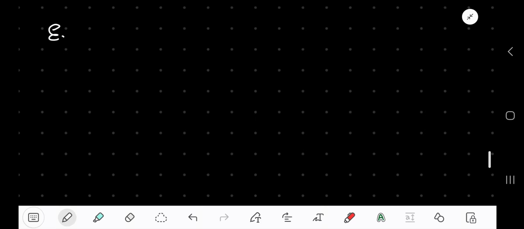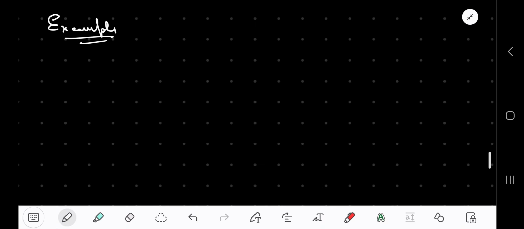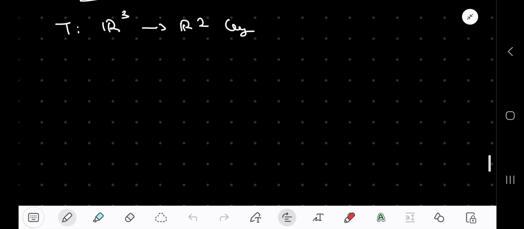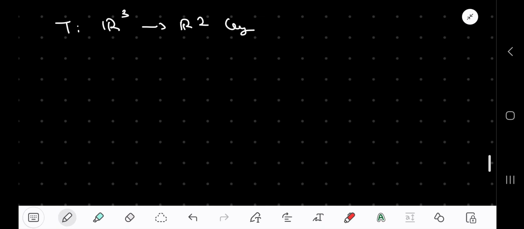Okay, so example. Let's say we have a map T from R3 to R2. So how do we map it?